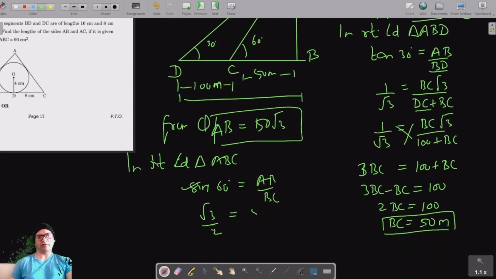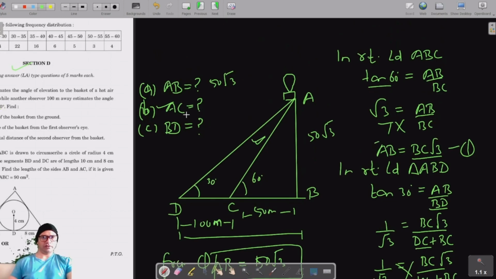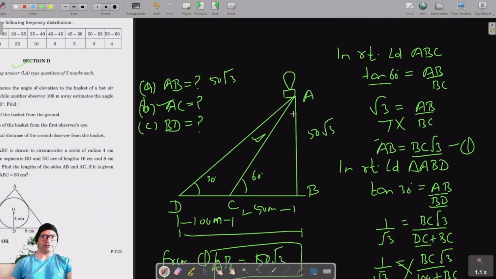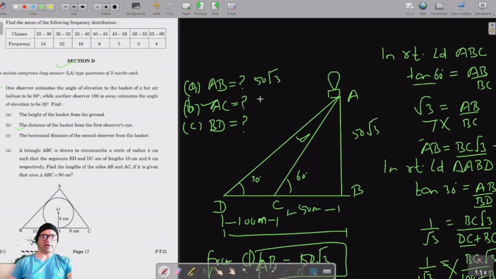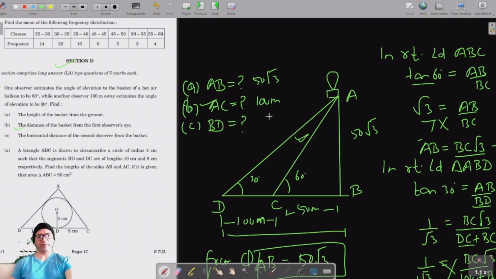Sorry, it's not AB by BC, sine is AB by AC. So root 3 gets cancelled, and AC is equal to 100 meter. So the distance of the basket from the first observer's eye is 100 meter. And let's find out the third one.